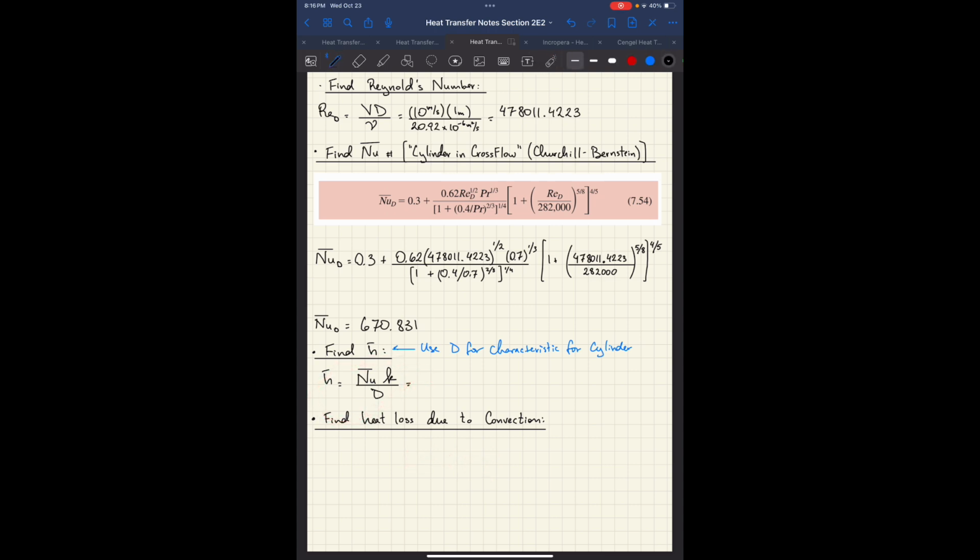It's pretty straightforward at this point. k, we had it from our material properties. Diameter, 1 meter.